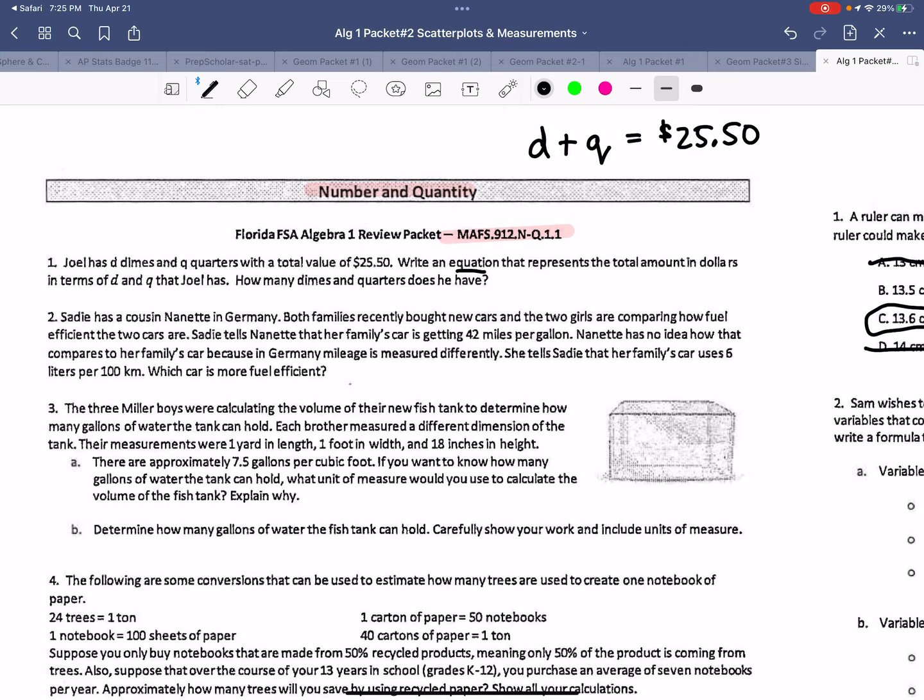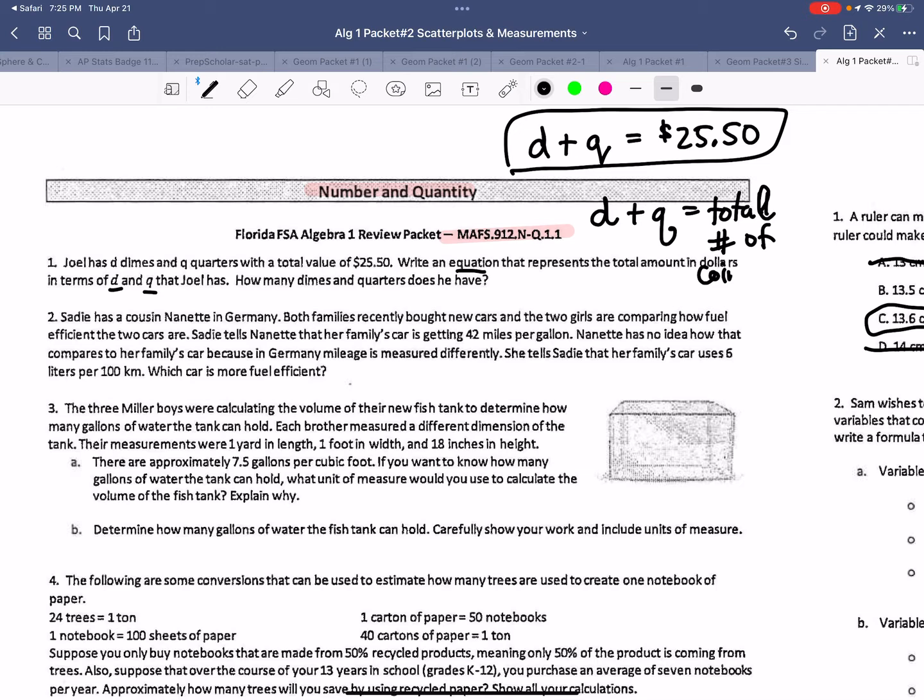Write an equation that represents the total amount of dollars in D and Q that he has. How many dimes and quarters does he have? So we'd have to write this, and how many dimes, well, whatever D is plus whatever Q is the total number of coins he has.